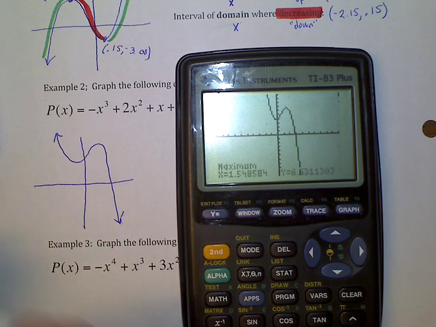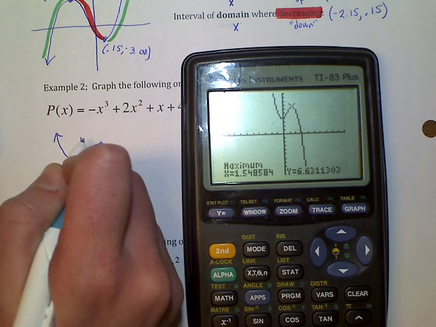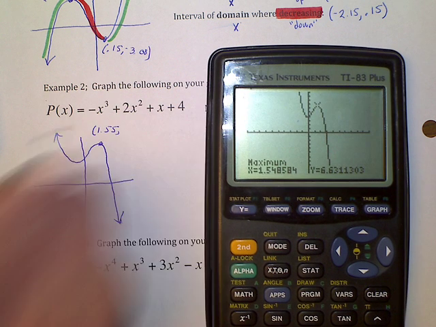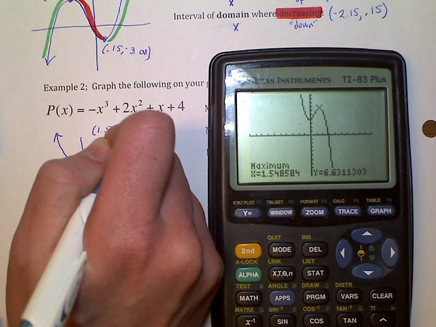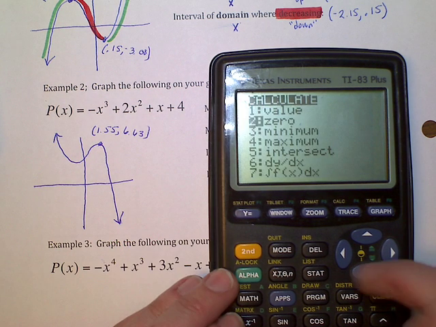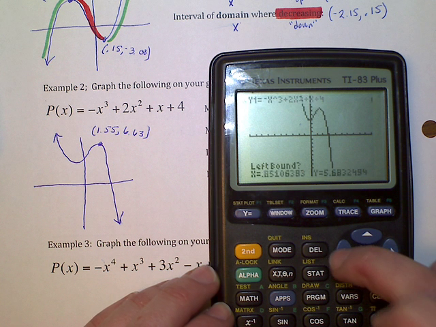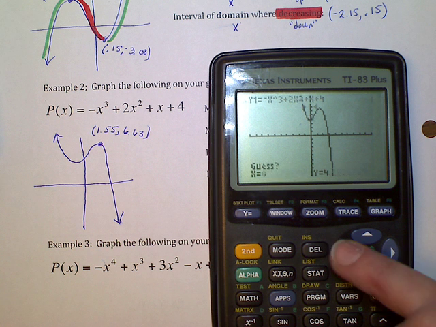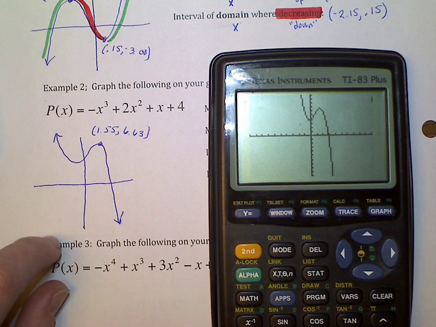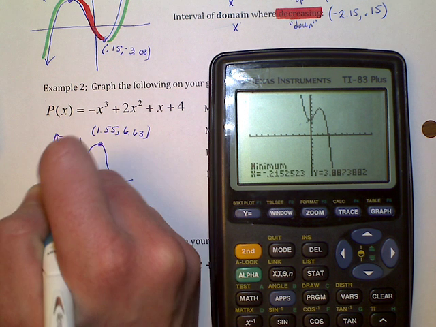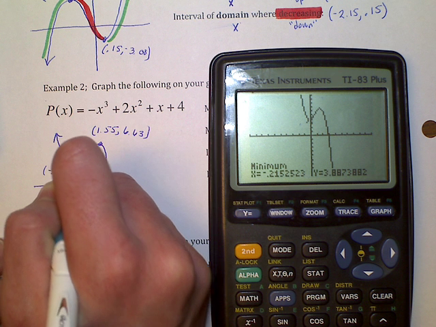We have a maximum at 1.55, comma 6.63. We have a minimum at negative 0.22, comma 3.89.